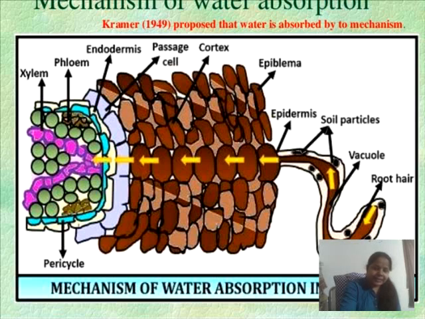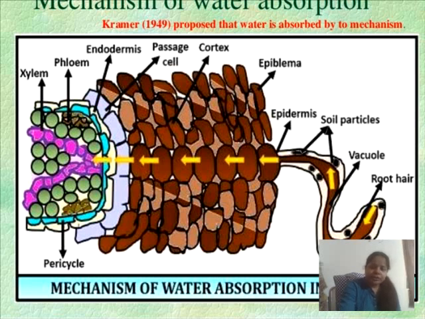Certain cells just opposite the protoxylem area are known as passage cells, and these passage cells allow the further movement of water, and now water enters the xylem, tracheids and vessels, and now water is ready to move upwards due to the different driving forces.